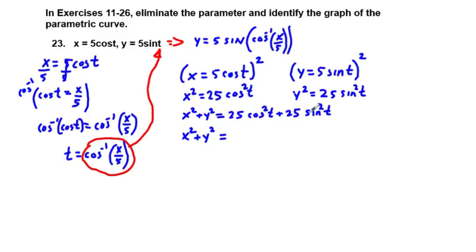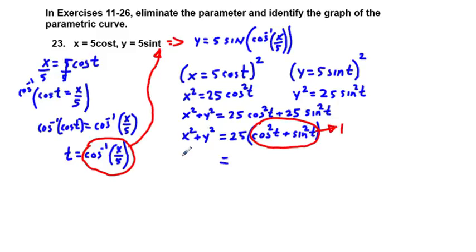And on the right side, we're going to take our common factor from both those terms and take it out. So we have 25 times quantity cosine squared t plus sine squared t. Now, fortunately, cosine squared t plus sine squared t is going to simplify to 1.